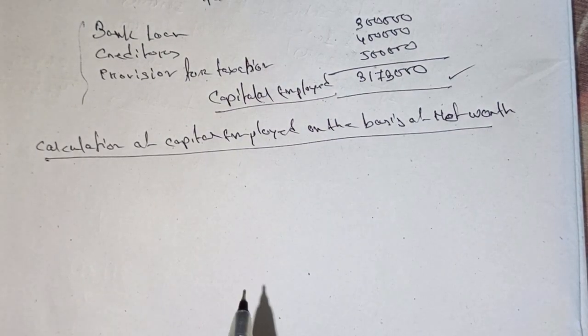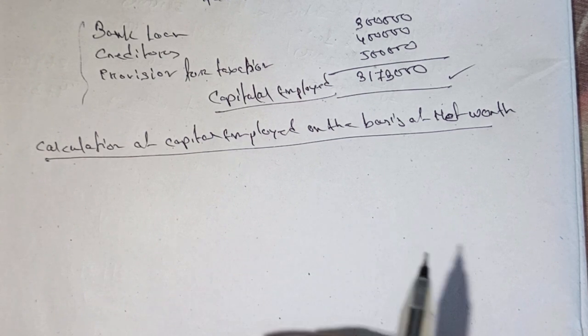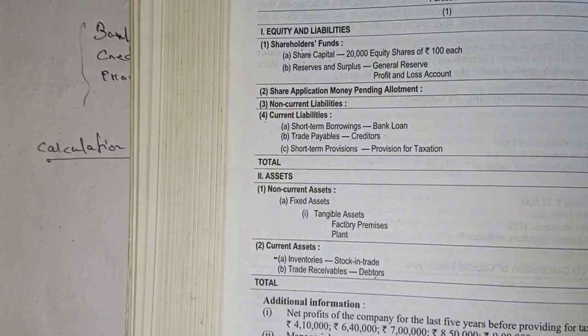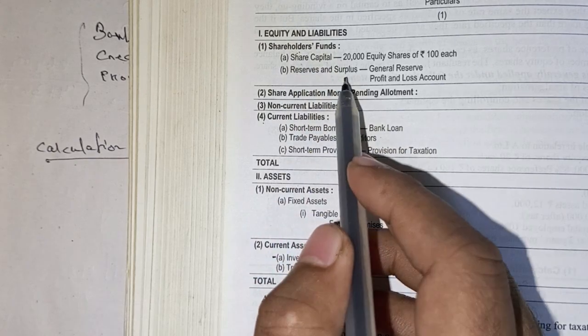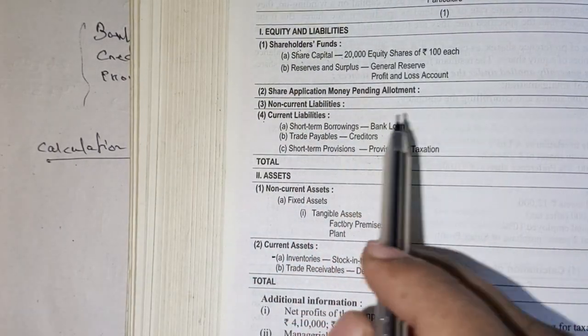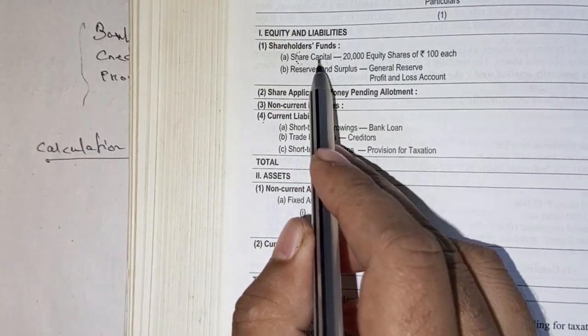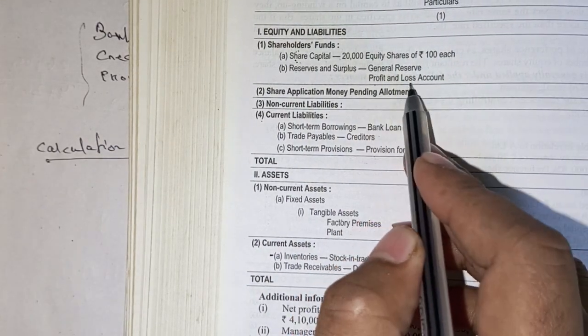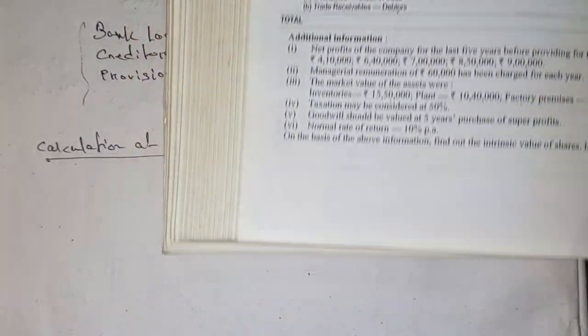I have written. Now I'll put all of the capital side information, meaning our shareholders' information, here. It is given that our share capital, then general reserve and profit and loss account. Only three items are given here.